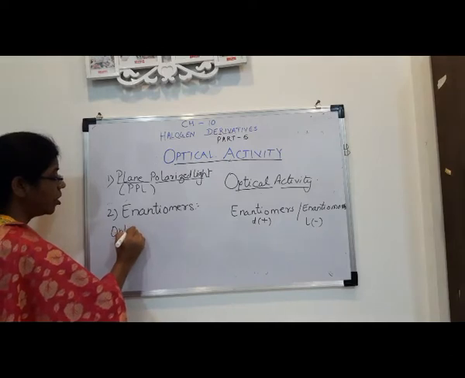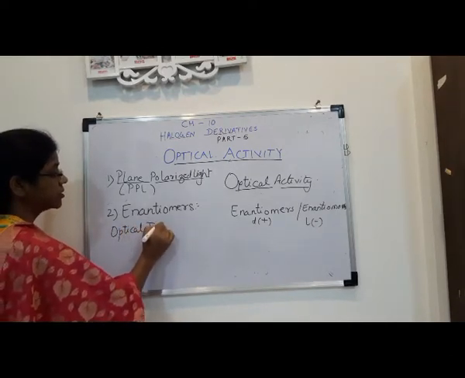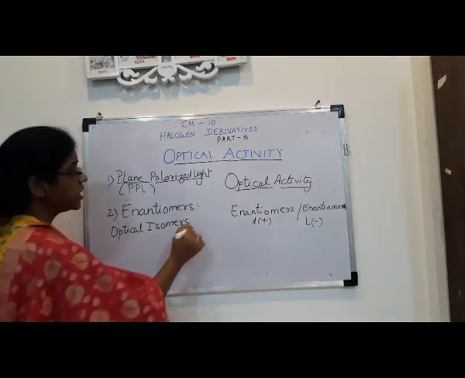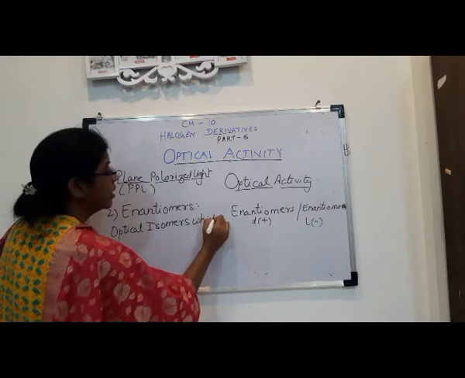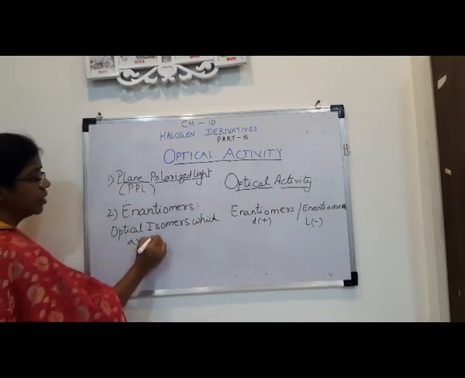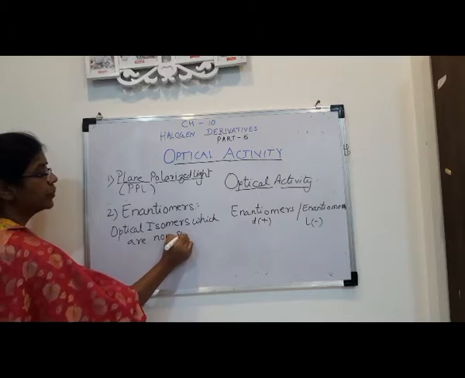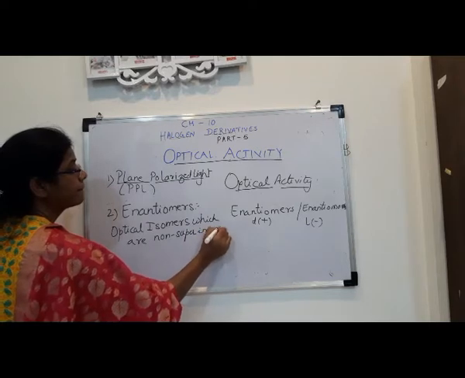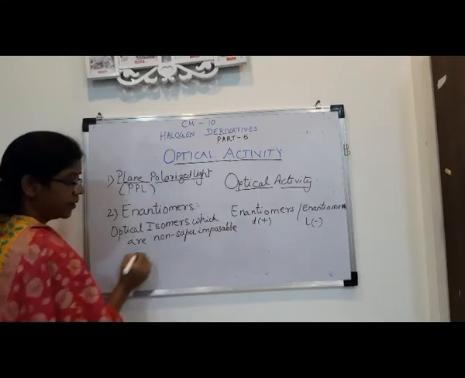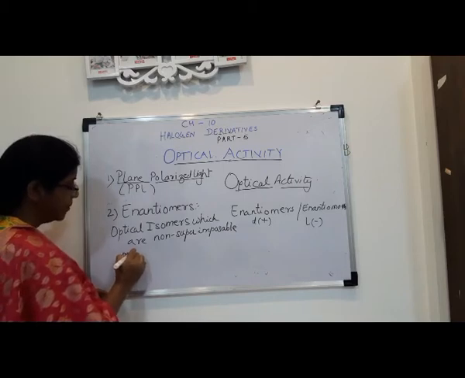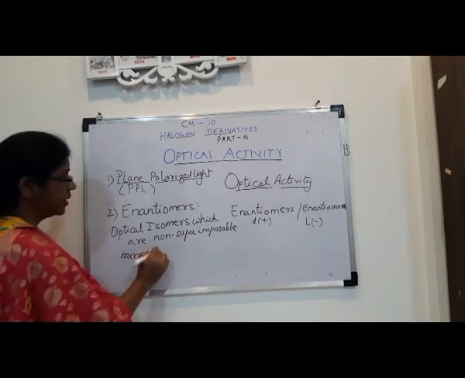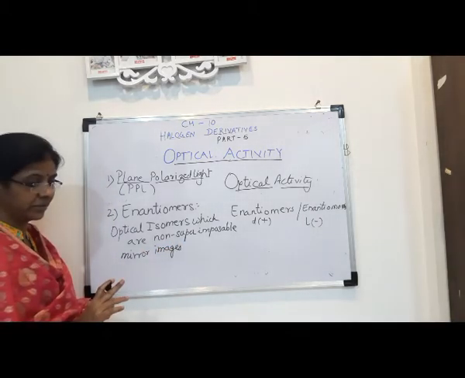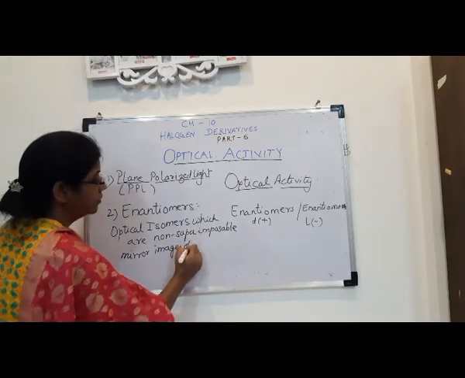Enantiomers are the optical isomers which are non-superimposable mirror images of each other.